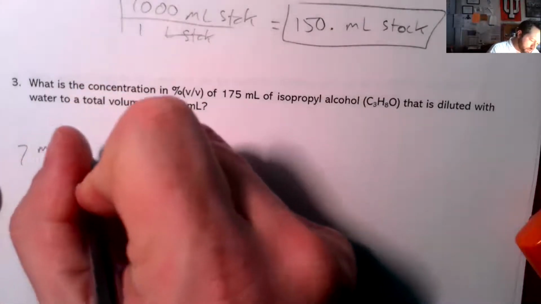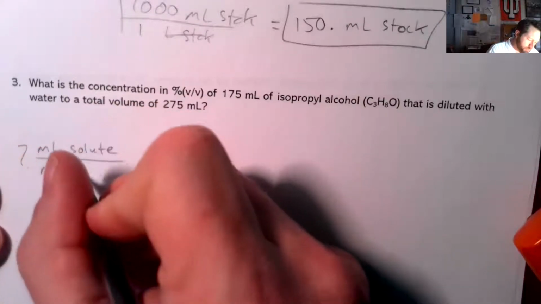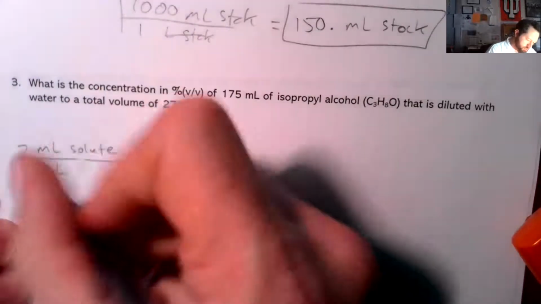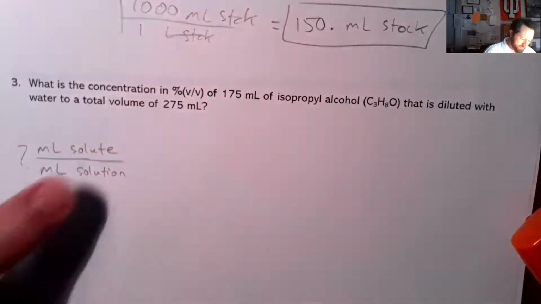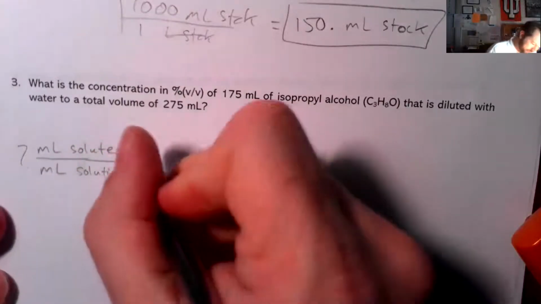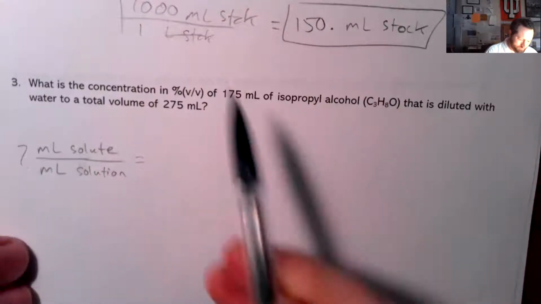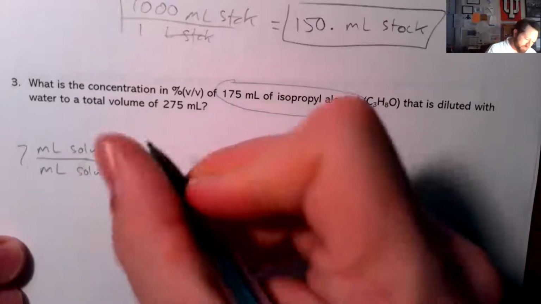We need milliliters of solute over milliliters of solution. Sorry, I mess that up way too often. Not solvent, solution. Sorry about that. All right, so what do we have here? Well, there's our solute, 175 milliliters.